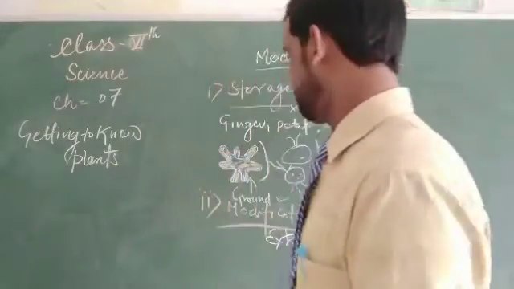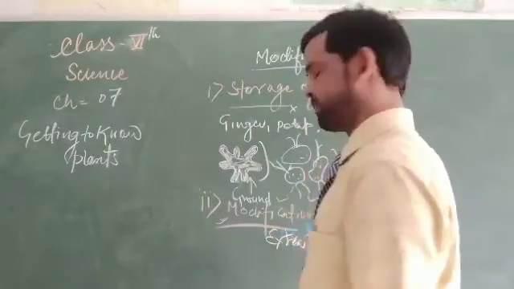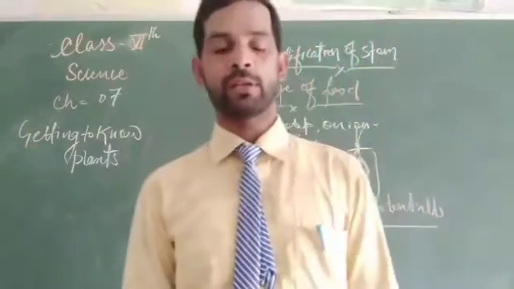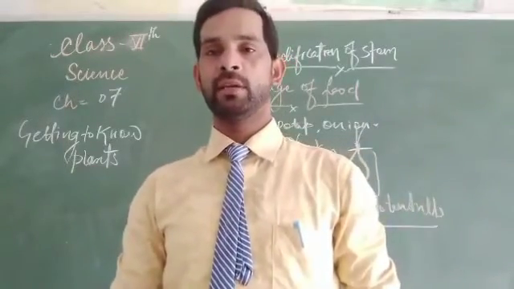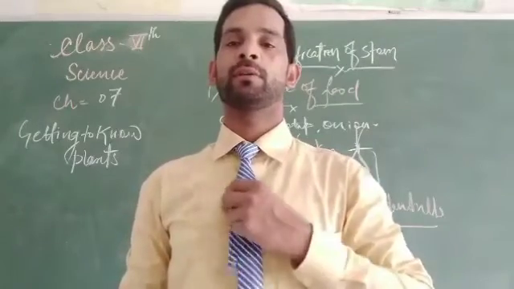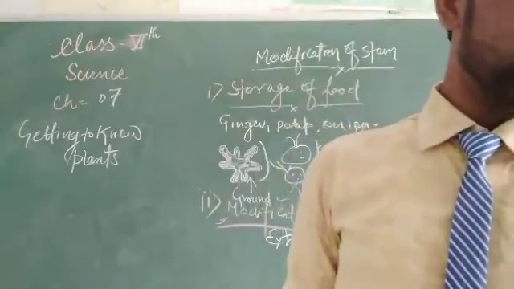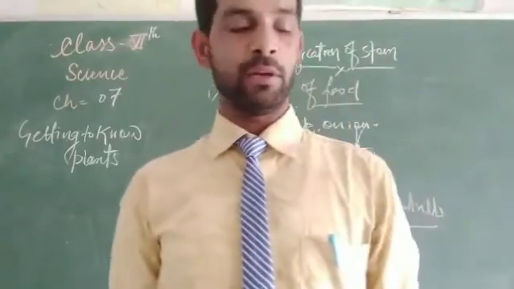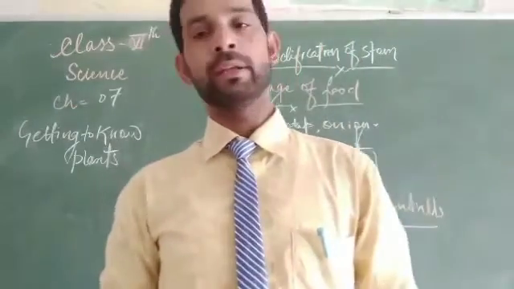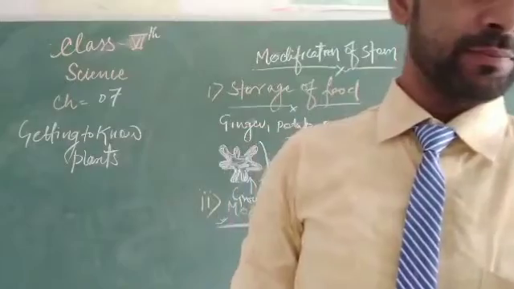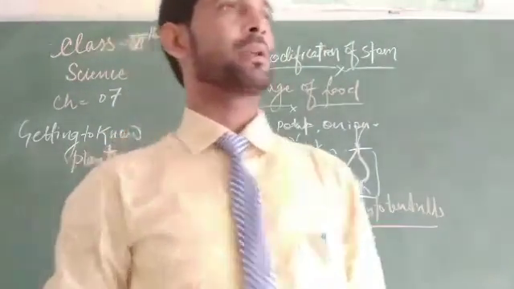You can see the modification of a stem in the form of tendrils, which gives very much support and helps the plant climb upward. These thread-like coiled structures are found in grapevine or bougainvillea.